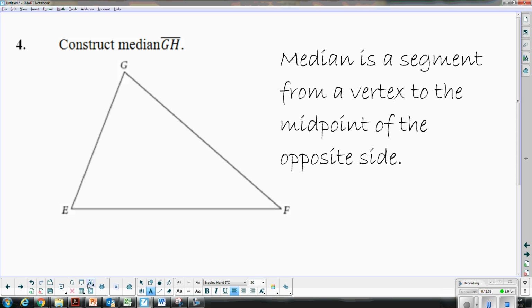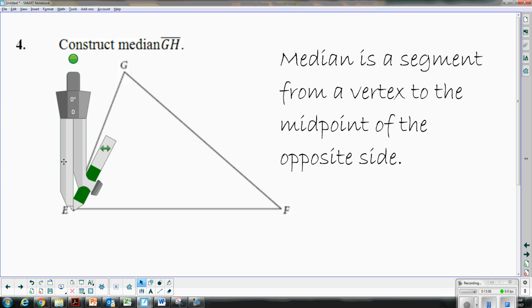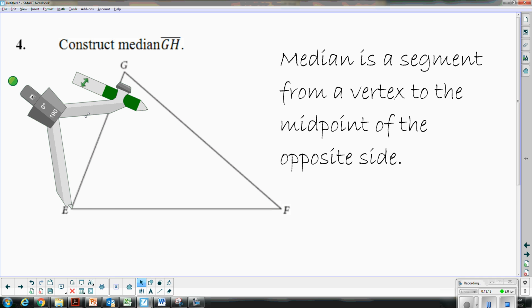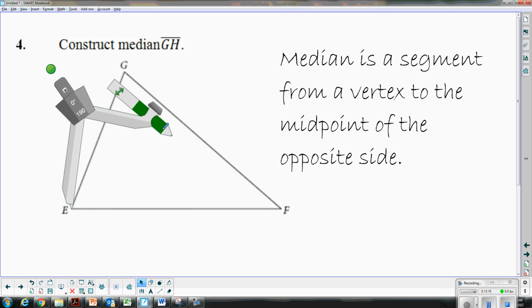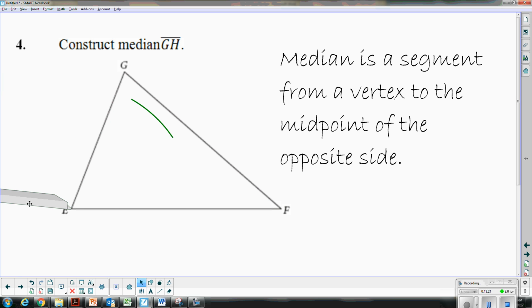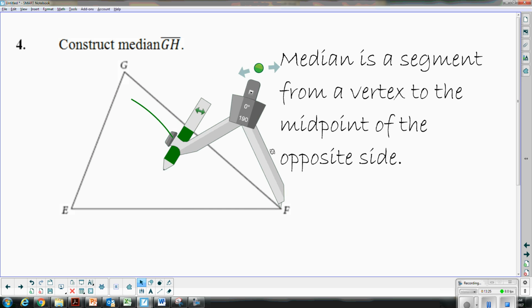So I'm going to use my compass. And just like I did in the very first problem, I'm going to construct a perpendicular bisector. So I'm going to start at E, and now I need 2 points on this perpendicular bisector that I'm going to construct in order to find the midpoint. So points on my perpendicular bisector are equidistant from my endpoints.